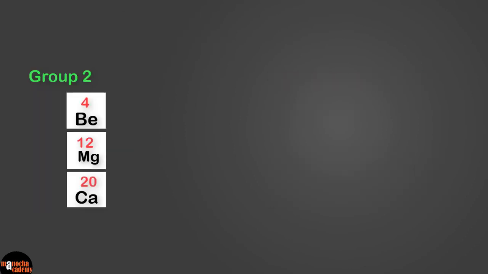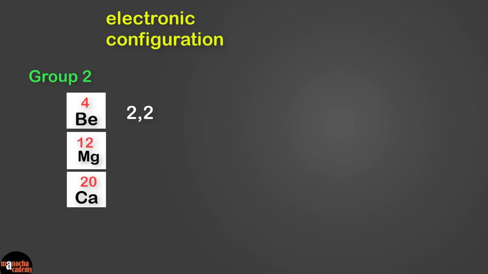Now let's look at group 2. Here we have beryllium, magnesium and calcium. Similarly, let's write down their electronic configurations. So beryllium with an atomic number 4 is going to be 2, 2. Magnesium, which has an atomic number of 12, the electron configuration is going to be 2, 8, 2. And calcium, which has 20 electrons, is going to be 2, 8, 8, 2.